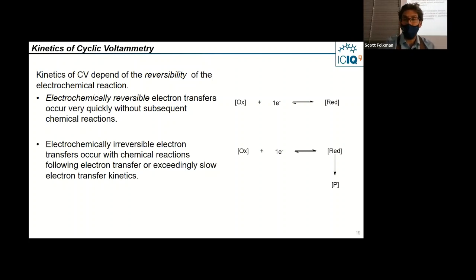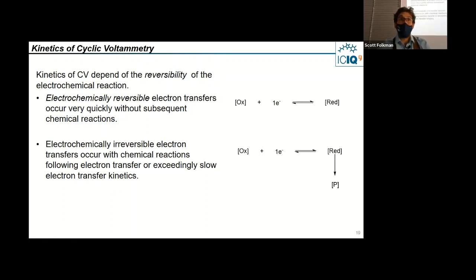And there's a few cases where this could occur. One of them is where the electron transfer occurs and then there's a subsequent chemical reaction. Most of us who work in catalysis see kinetics like this, where you have an electron transfer to your catalyst. Your catalyst then undergoes some desirable or undesirable chemical reaction, and then you do not observe electrochemically reversible electron transfer kinetics.